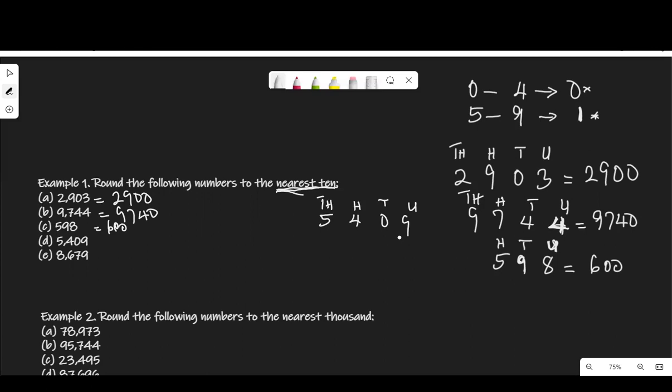To the nearest 10. The digit in the 10th position is 0. The next digit to it is 9. 9 is in this range. So 9 rounds to 1. And 1 plus 0 is 1. So this number rounds to 5410 to the nearest 10.